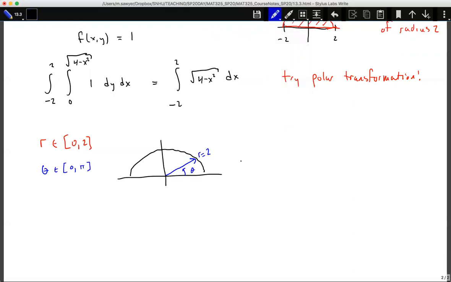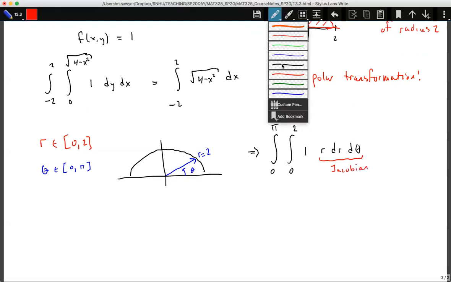So now as we're sweeping through our integral, theta goes from 0 to pi and r goes from 0 to 2. Our inner function is still constant, so it stays the same. And we tack on the Jacobian r dr d theta. Notice that we're keeping our bounds in order, and this is our Jacobian.